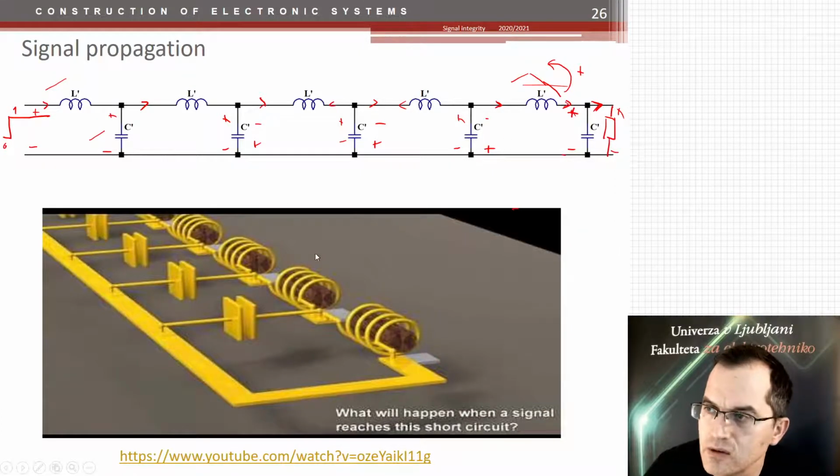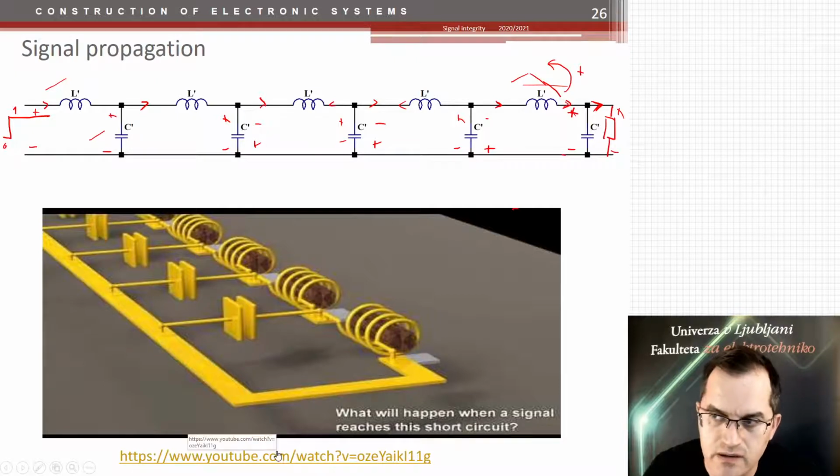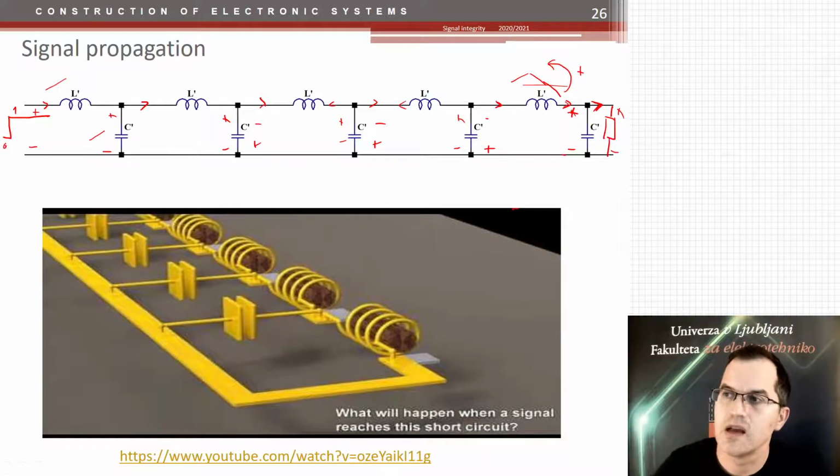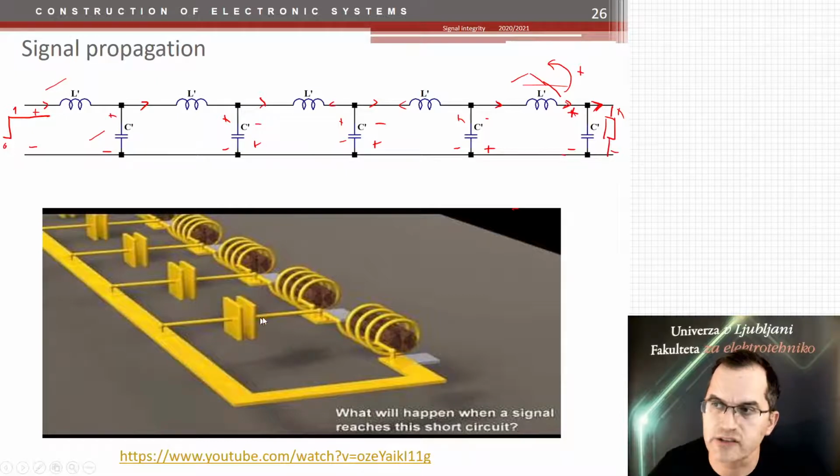You can see all that in the video down here, but I will not show it right now. You can look it up by yourself, and you will see how the magnetic field builds up in these coils and how the electric field builds up in the capacitors, and how that happens when you have a short or open circuit or anything in between.